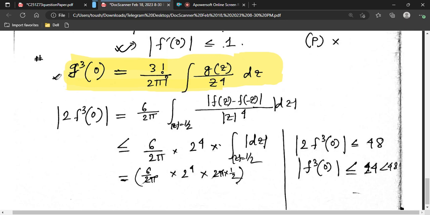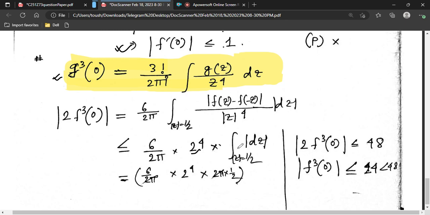Again we will do the same. We will take the third derivative of g at the point 0, and that will be g triple dash 0 equals 3 factorial by 2 pi i into this integral. Again take the modulus on both sides, and the supremum of this value is 1, so this is less or equal to 1. Here mod z is equal to half, so mod z to the power 4 is half to the power 4, which puts 2 to the power 4 on the upper side, and there is mod dz.